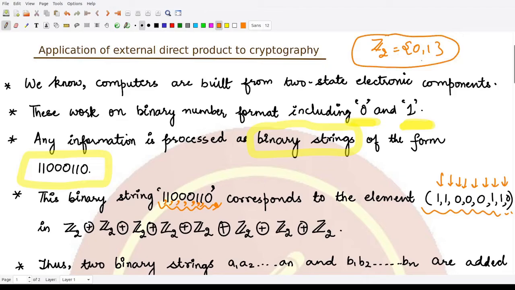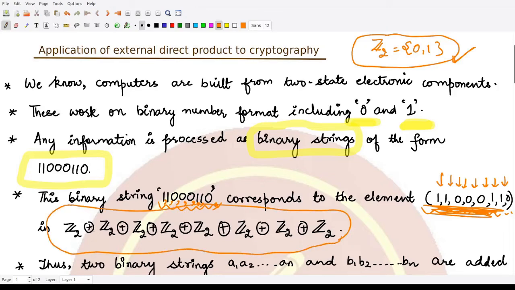And moreover, the operation here is addition modulo 2. So each 1 or 0 is assumed to be taken from this group Z2, and we may assume this to be an element within this group. What is this group? This is the direct product of the groups of addition modulo 2, right?